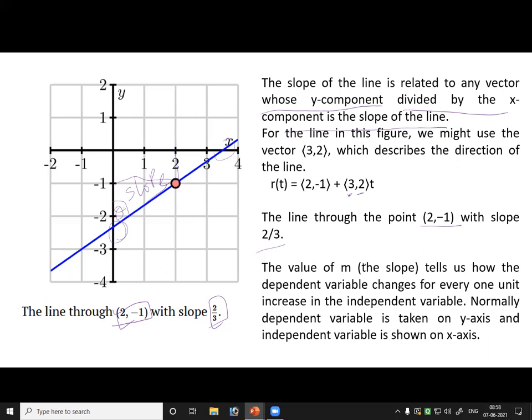The value of m tells us how the dependent variable changes for every 1 unit of increase in the independent variable.